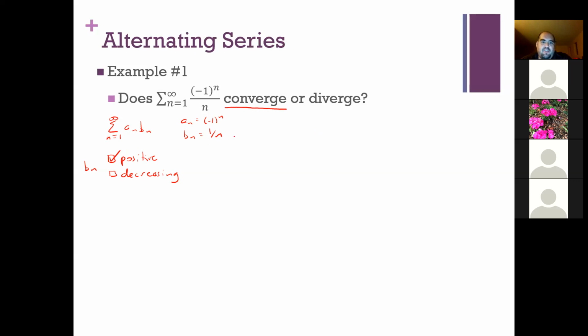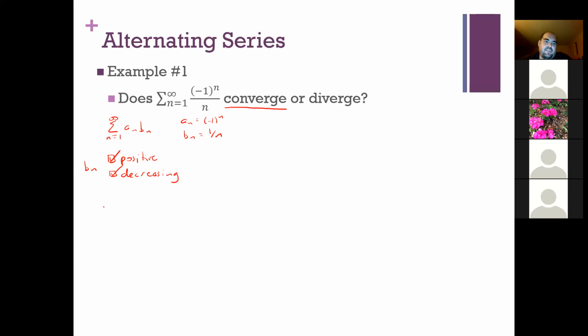Also, as n gets larger and larger, dividing 1 by larger and larger numbers is going to yield smaller and smaller decreasing numbers. So I have met both conditions for the alternating series test.